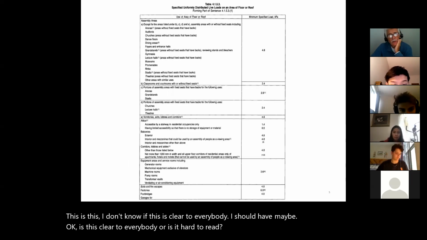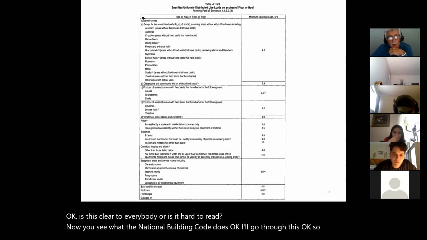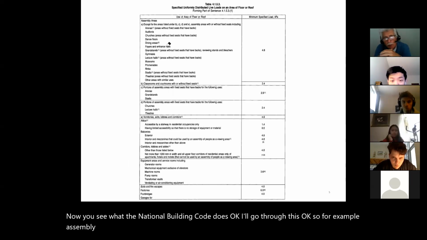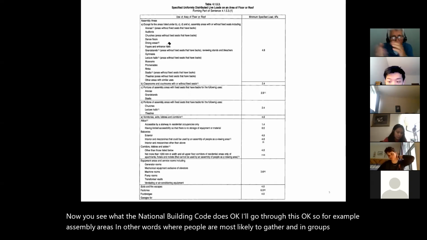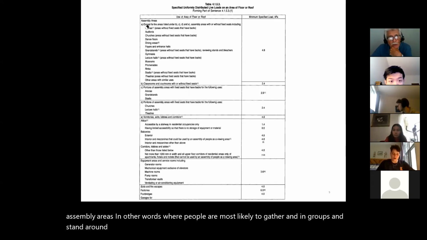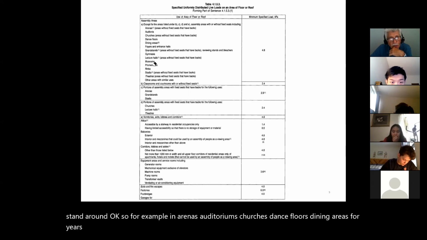Now you see what the National Building Code does, okay? And I'll go through this. For example, assembly areas. In other words, where people are most likely to gather in groups and stand around. So for example, arenas, auditoriums, churches, dance floors, dining areas, foyers, grandstands, gymnasiums, museums, promenades, rinks and all that.